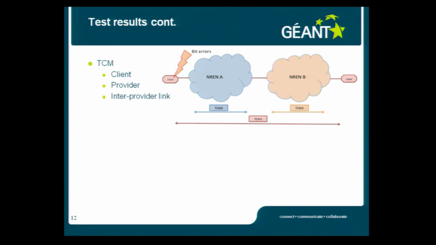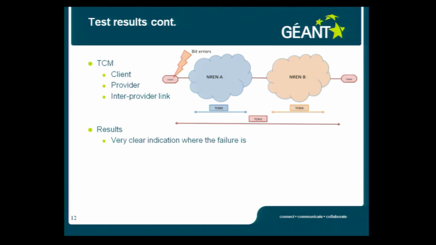And then we introduced errors in different parts of the network, in the client or within each domain or within both domains. Then we observed whether these TCM indicators would really lead us to directly point out which part of the network, which segment, was responsible for the particular error happening in the network.